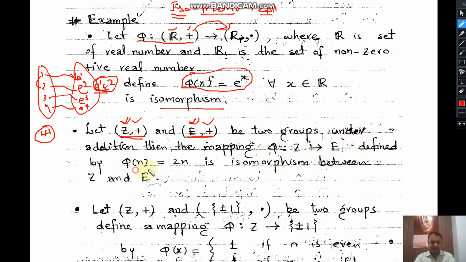For example, if we have the relation phi of n equal to 2n, because in the second set the elements are always even.